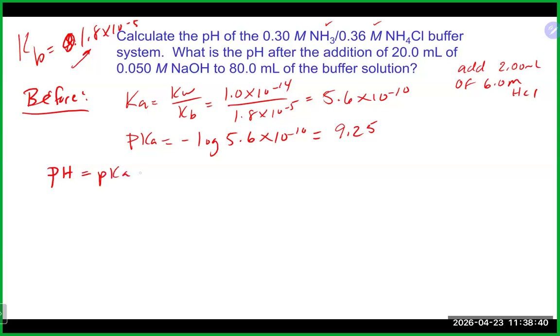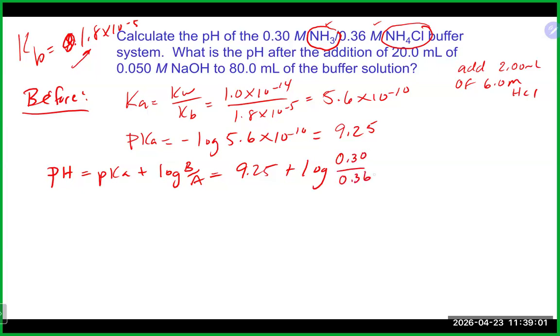So just go right into here with the appropriate things, and that's going to get us 9.25 plus the log. Once again, our base is the NH3, which is ammonia, which is a weak base. And this is our acid here. So we want to go base over acid. So 0.3 over 0.36.